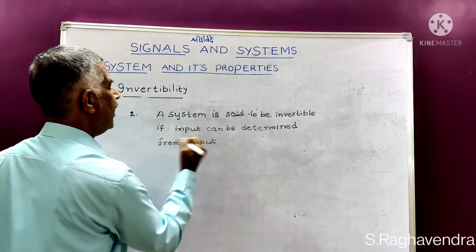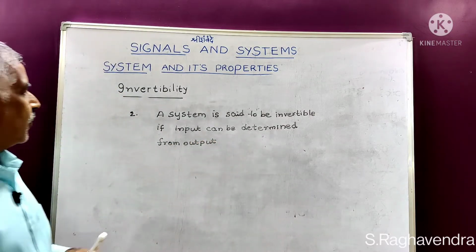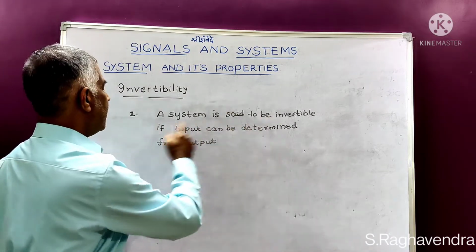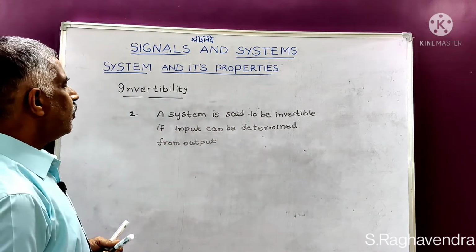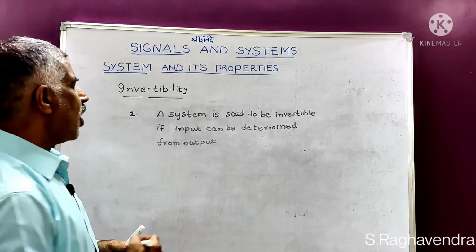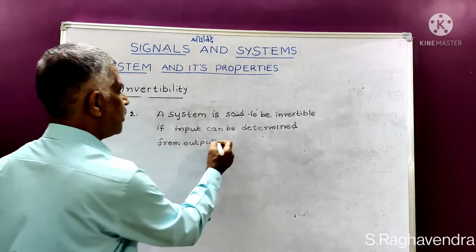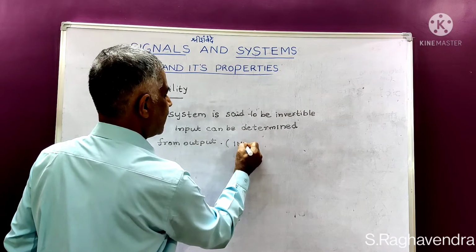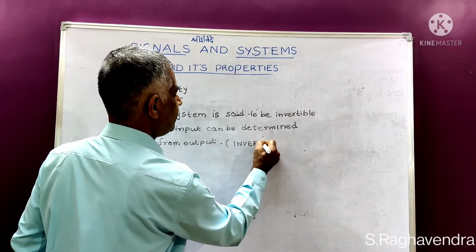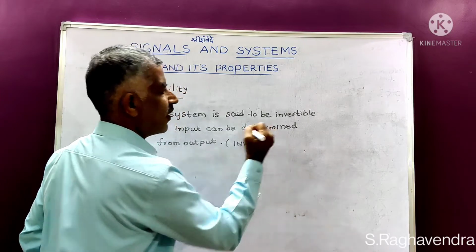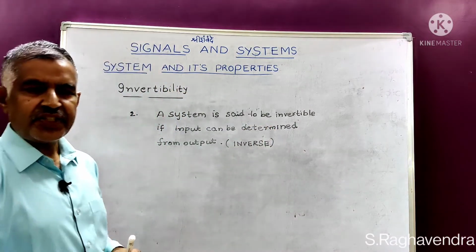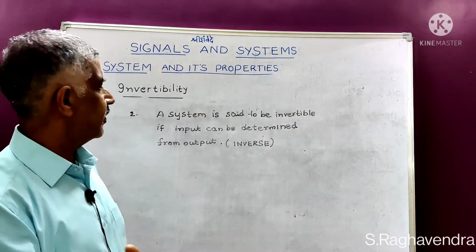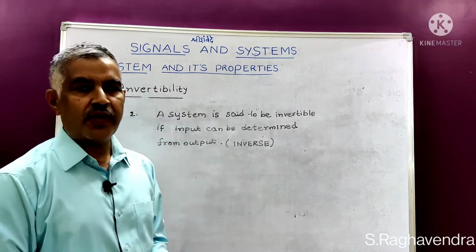A system is said to be invertible if input can be determined from output. So this definition is based on what is known as the inverse of a system. For a system, if the inverse exists, then it is said to be invertible.